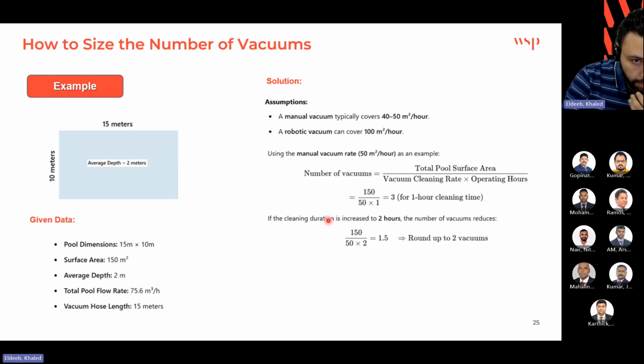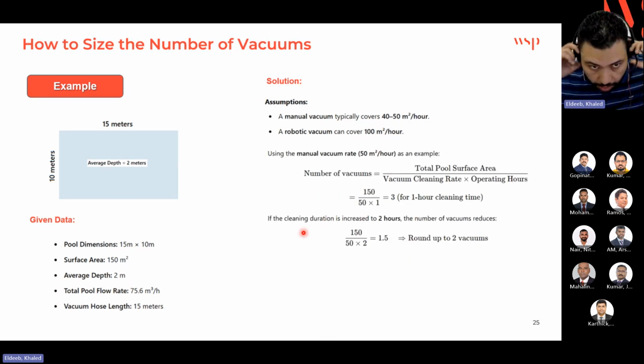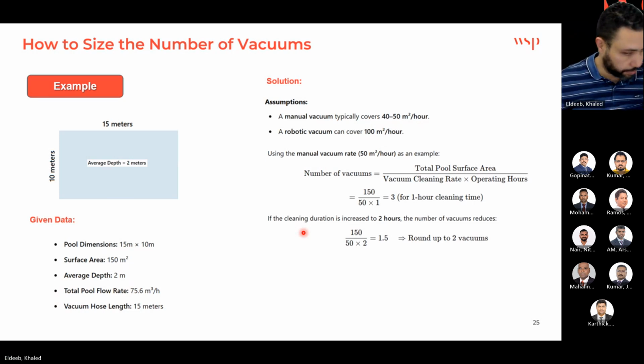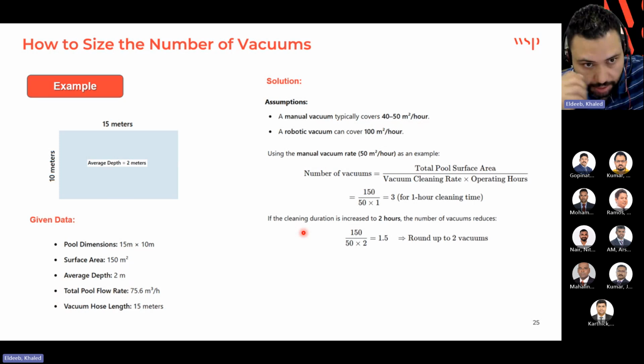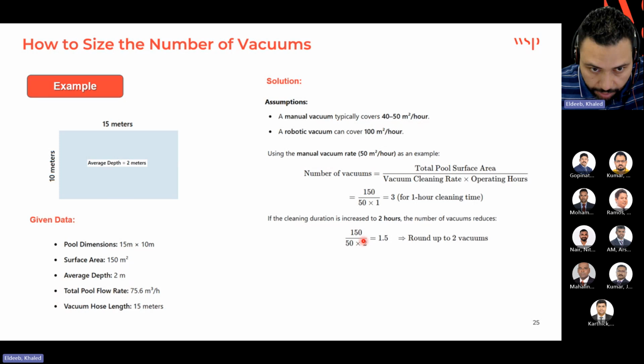Using this assumption, we will assume 50 square meters per hour for the manual vacuum. The number of vacuums can be calculated like that: this divided by this times 1 hour gives me 3. If we have more hours, let's make it 2 hours, it gives 1.5, rounded up to 2 vacuums.